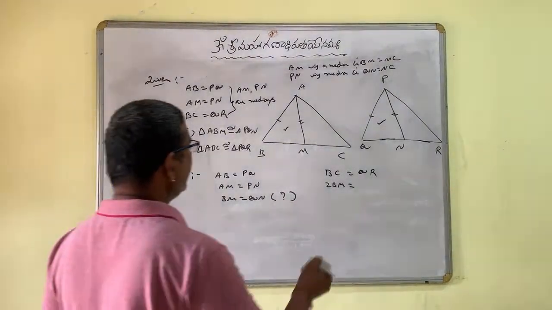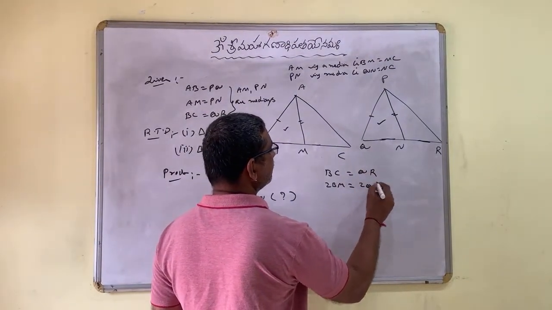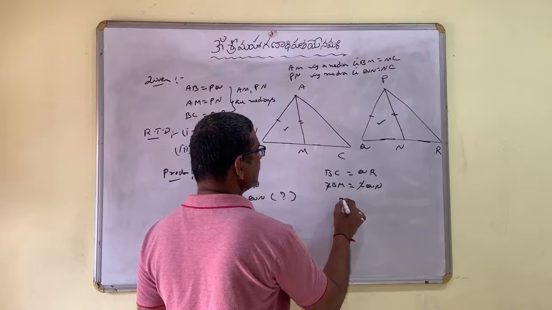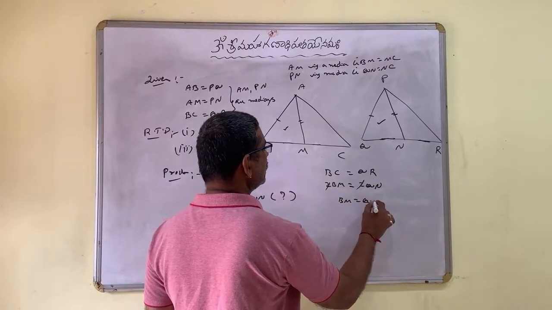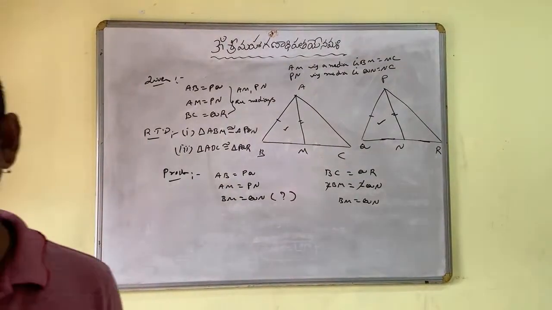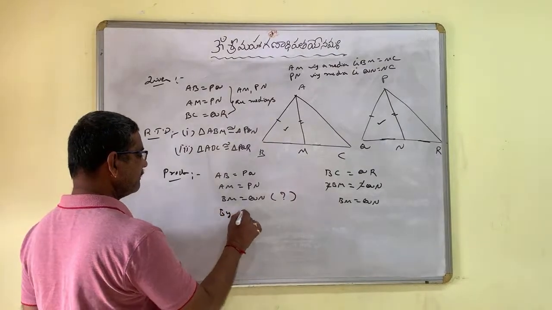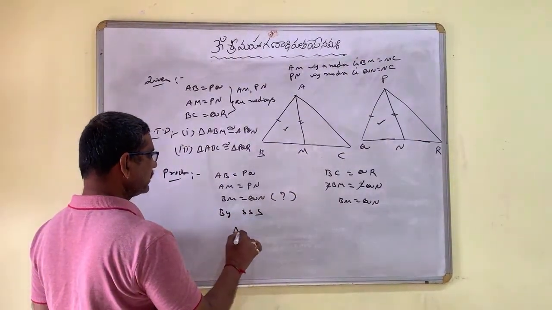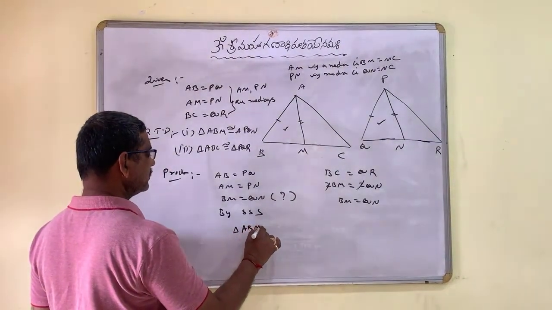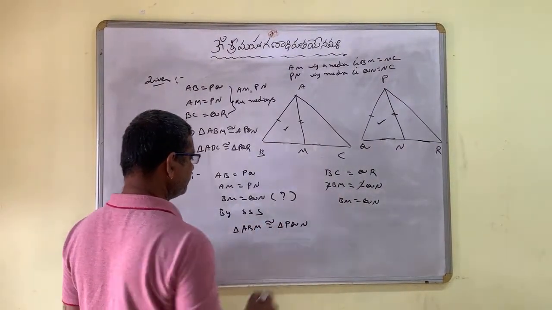In the same way, QR as 2QN. These two get cancelled. BM is equal to QN. So by triple S, triangle ABM is congruent to triangle PQN.